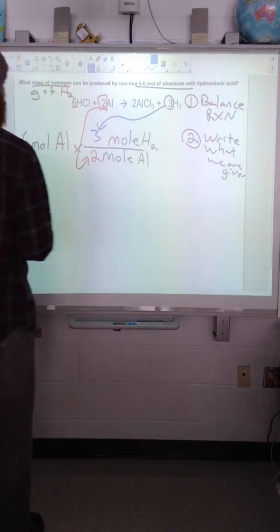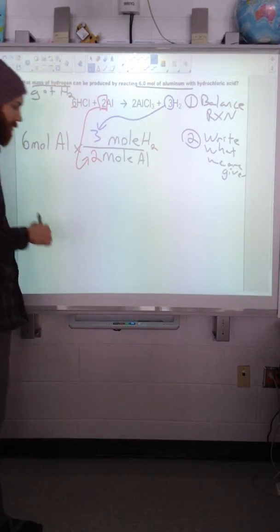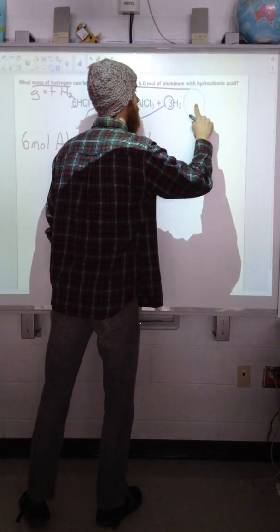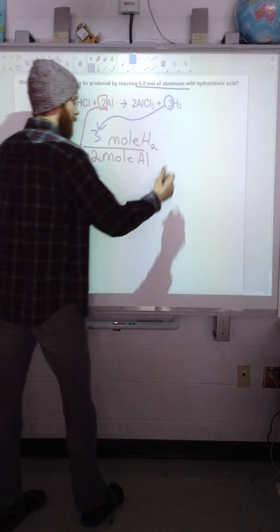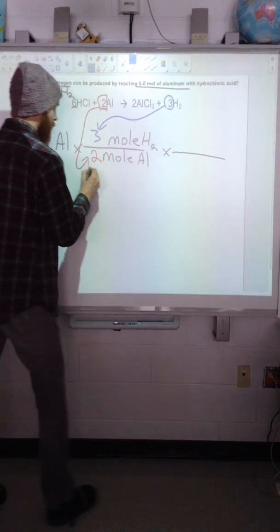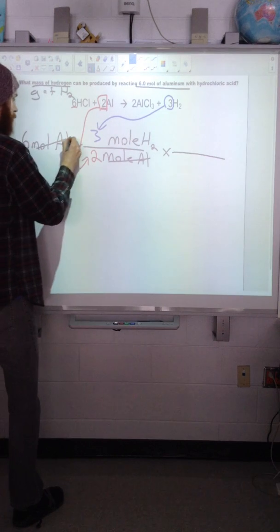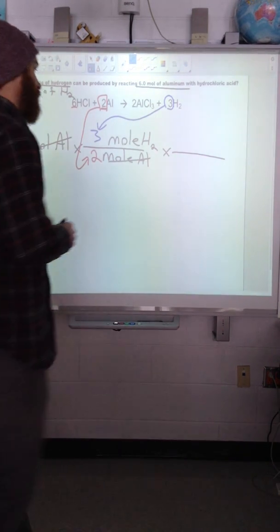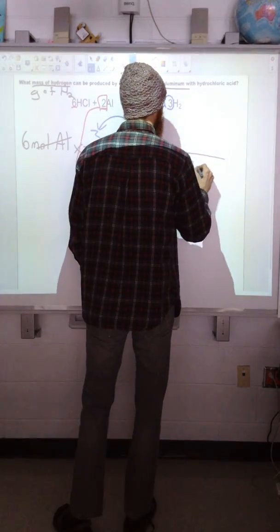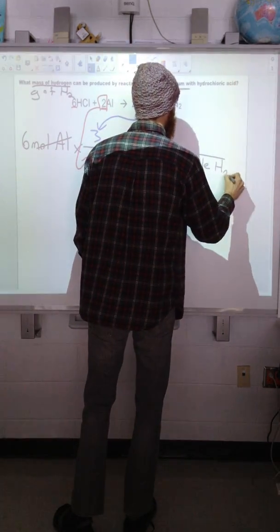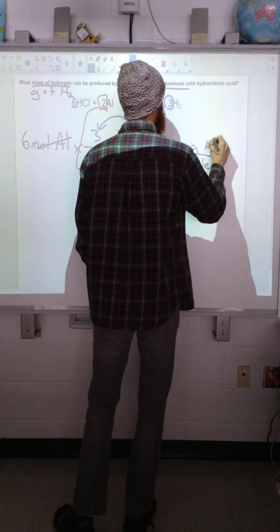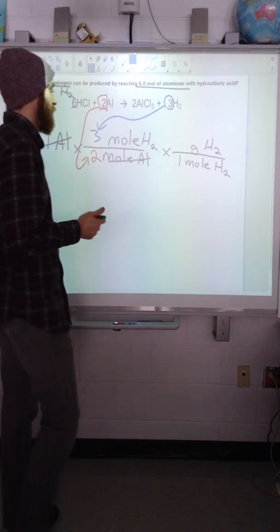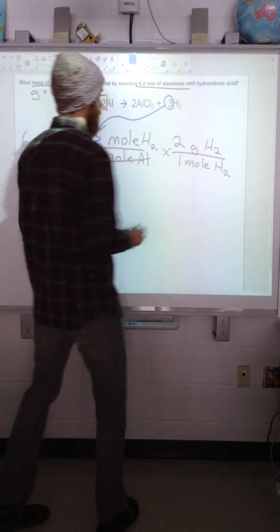Now we're still not done yet because it asks for the mass. So I'm going to erase these steps over here to give myself some more room. So these moles of aluminum cancel out. Now we got to go from moles to grams, and to do that, we just use our molar mass. So we know that 1 mole of H2 goes on the bottom, grams of H2 is going to go on top, and for today's purpose, we're just going to say it's 2 grams.